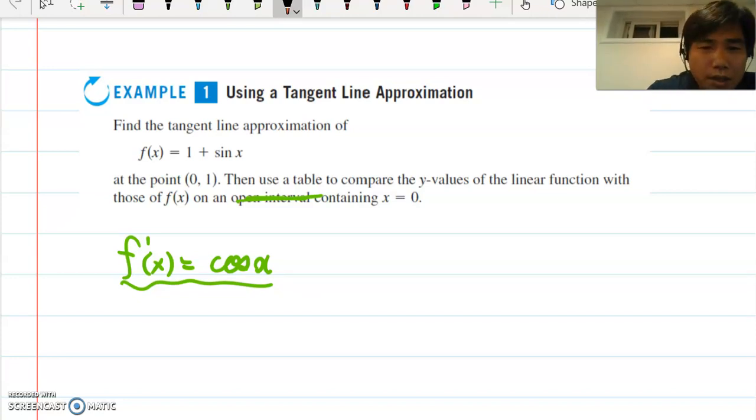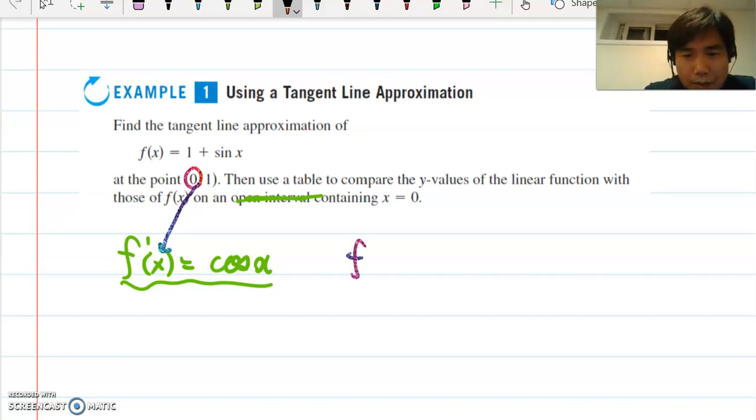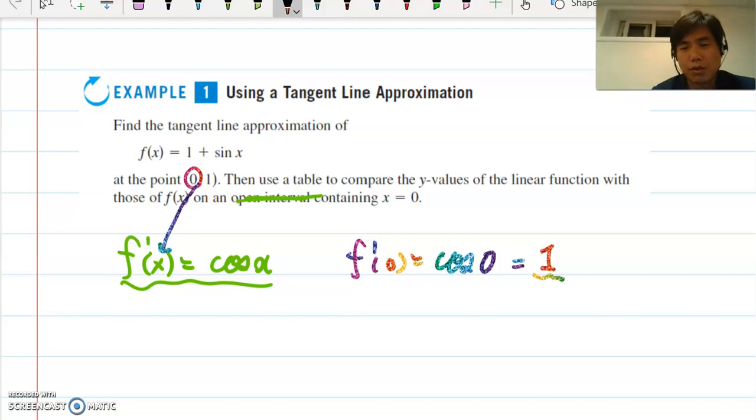Now, plugging 0 in here, why? Because we want to find the tangent line slope at the point. So f prime(0), which means cosine 0, equals 1. So we found the slope equals 1.